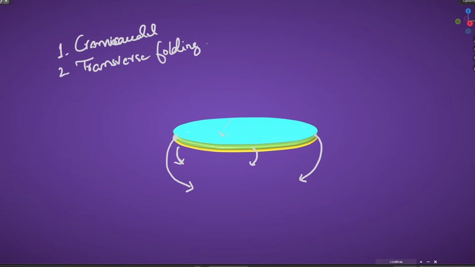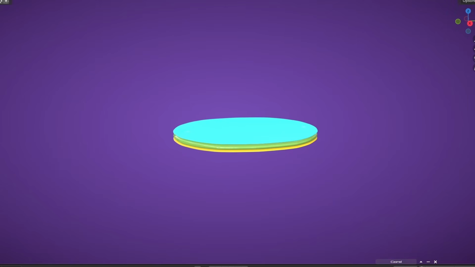So this is the craniocaudal folding. Now one thing that you must keep in your mind is that both of these types of folding typically occur side by side, they are occurring concurrently or simultaneously, right? But for the sake of our ease of understanding and for demonstration purposes, we do not take them together.